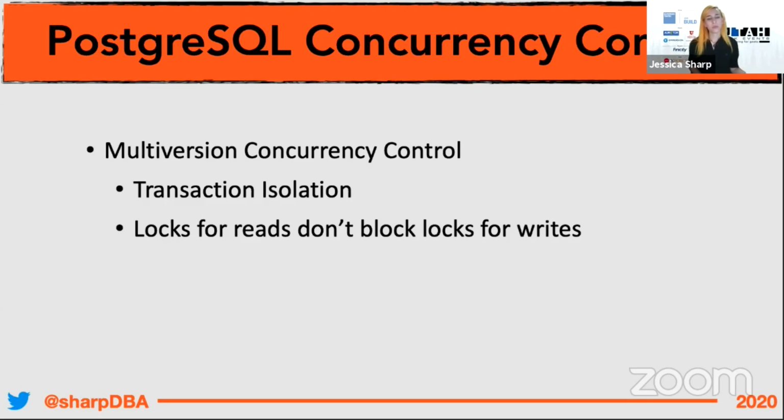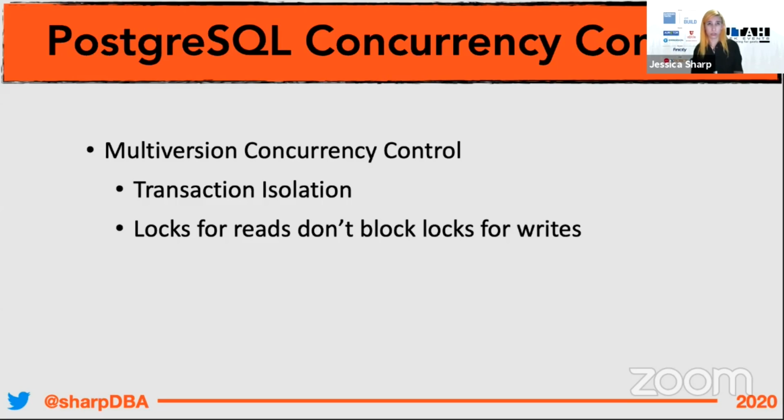In a nutshell, the multi-version concurrency control, if we're just talking database theory for a second here, is what Postgres uses for transaction isolation.